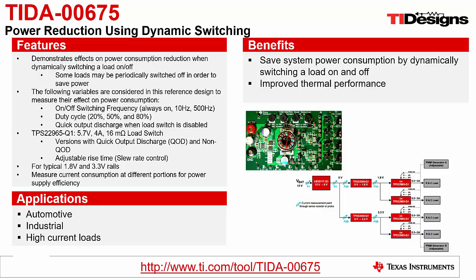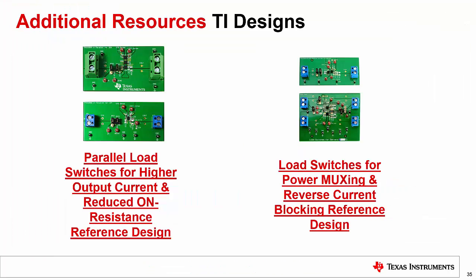This TI design duty cycles load switches to show how dynamically switching the load switch can result in substantial power savings for the end equipment. The TI design on the left shows how putting multiple load switches in parallel can reduce on resistance and increase current carrying capability.